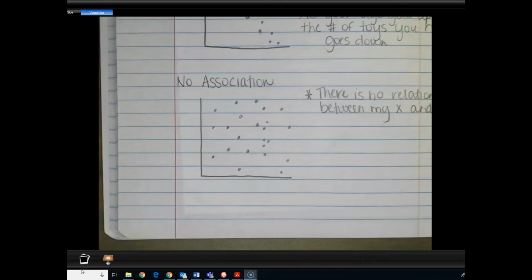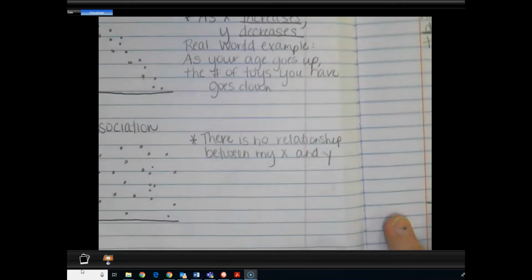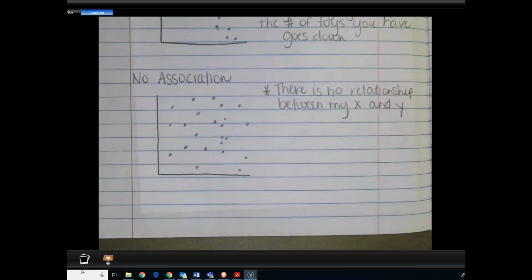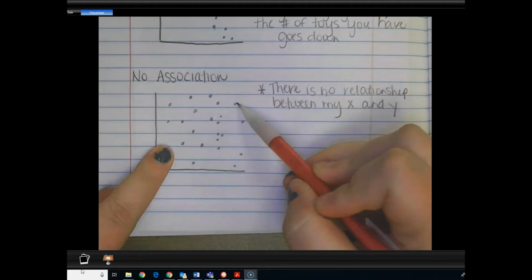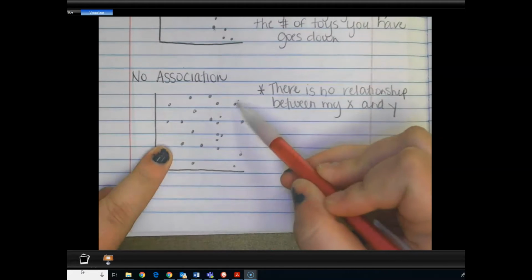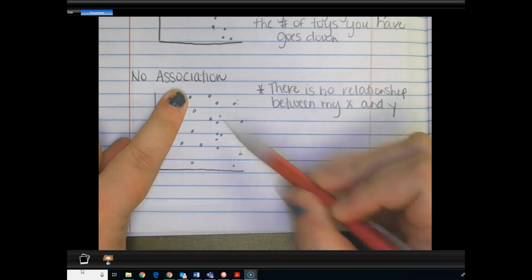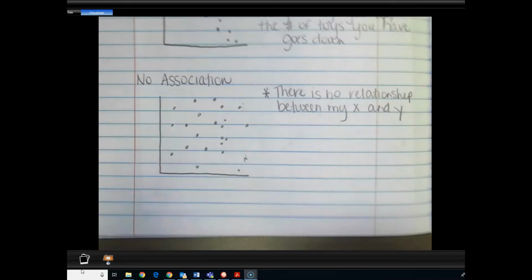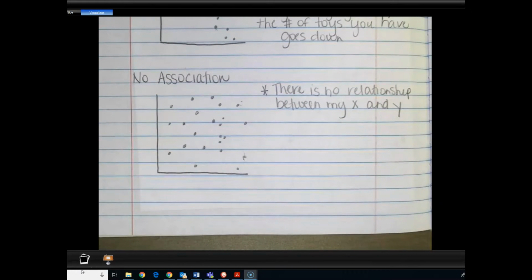There's not a movement that's the same. If I look at this point to this point, my x increased, my y increased. But if I look at this point to this point, my x increased, but my y decreased. So really there is no relationship there.